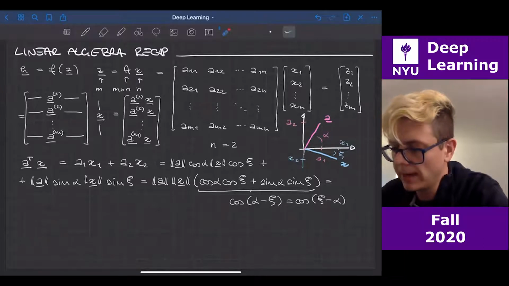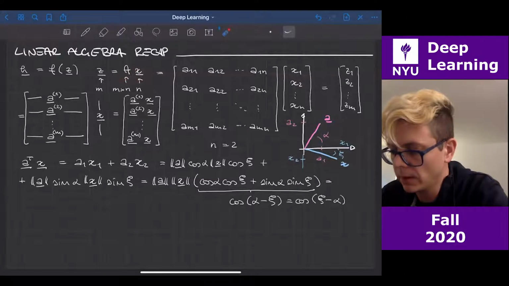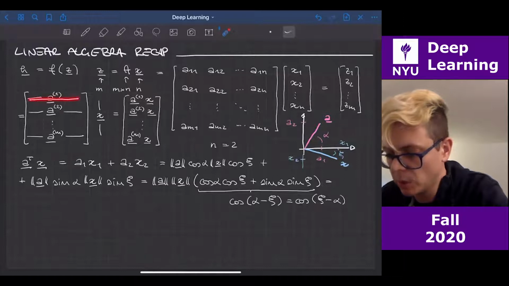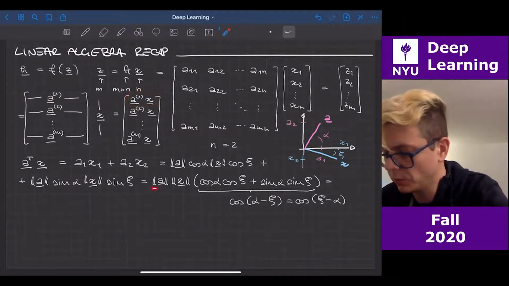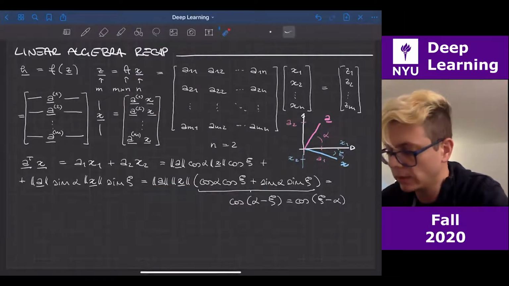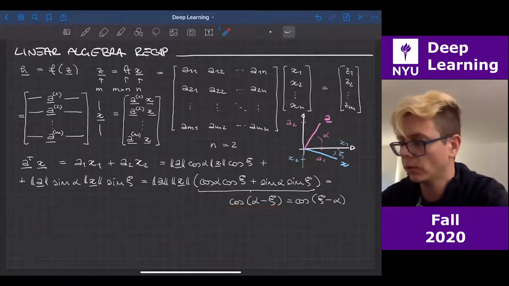Whenever you multiply a vector with a matrix on the left, you basically have this scalar product between each row and this vector. Each item over here will represent, up to some constant expressing the length of these vectors, the degree of alignment between these two vectors.